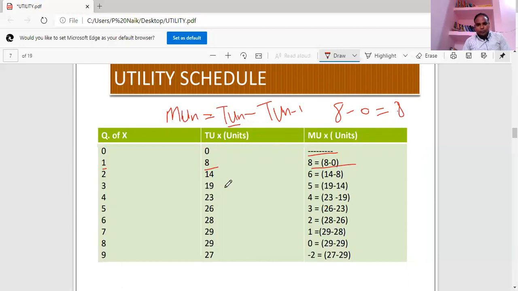In this way, for 2 minus 1, this is the previous and this is the current. Here 14 minus 8 gives 6.